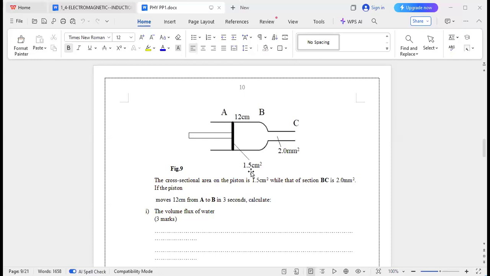We are told that the velocity is 12 centimeters for every 3 seconds. So 0.12 meters divided by 3. So that's the same as 1.5 times 10 to the power negative 4 times 0.04, and we get the answer to be 6. That is 6 centimeters cubed per second. Is the same as what? We multiply and see.